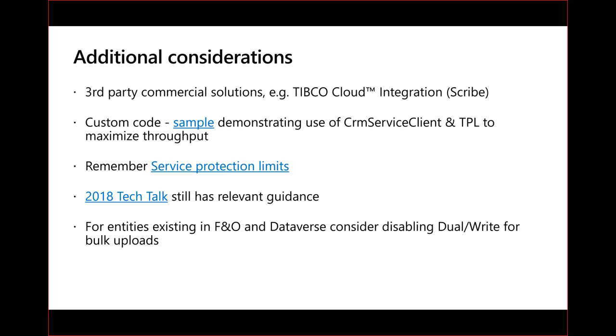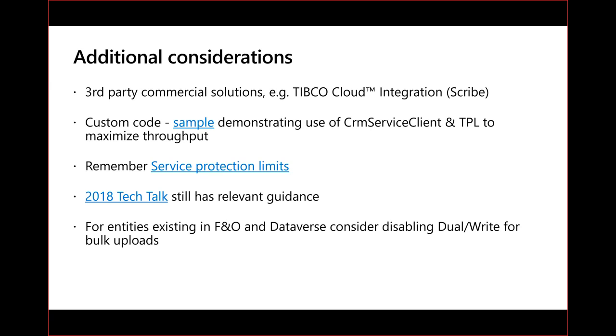The last point of consideration is if we have entities that exist both in finance and operations and on the Dataverse side, we should consider disabling dual write, because dual write will have a huge performance impact. If we do bulk uploads, our data migration strategy might become way too slow. For mitigation, the only possibility is to disable dual write.